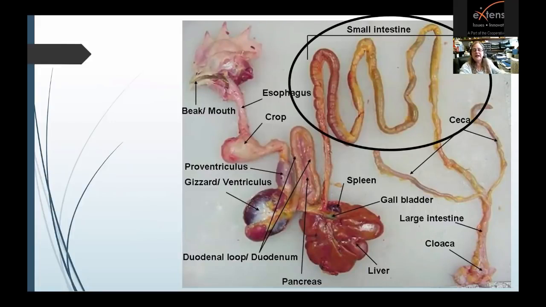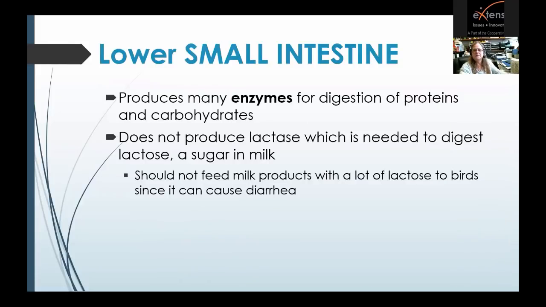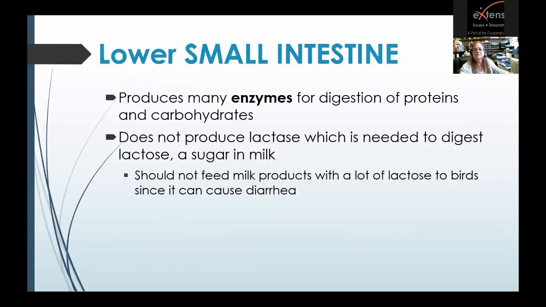And it's here that the nutrients that have been chemically released, the particles, the chemical parts of the food that have been released into the digestive tract, are absorbed through the lining of the intestine into the bloodstream and made available to the animal. So again, there are some enzymes with some digestion going on.